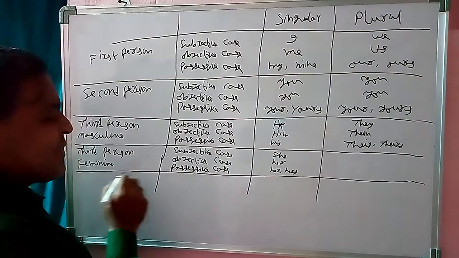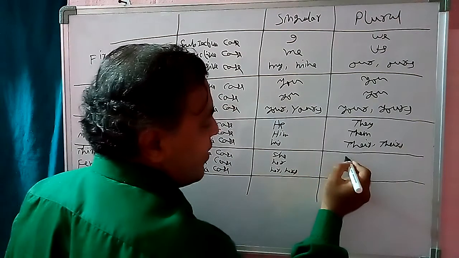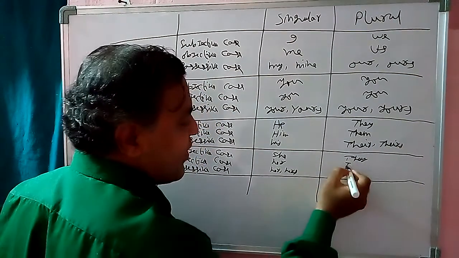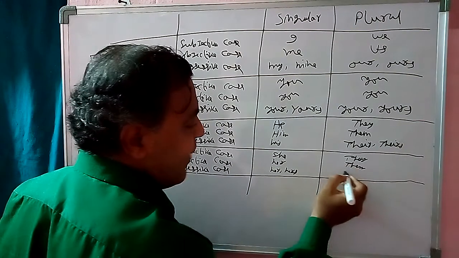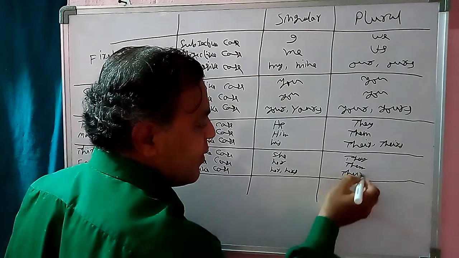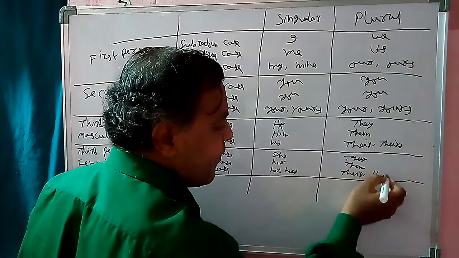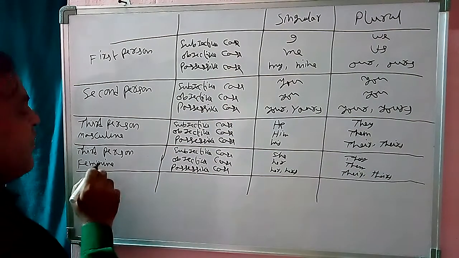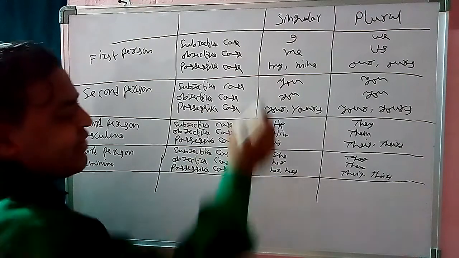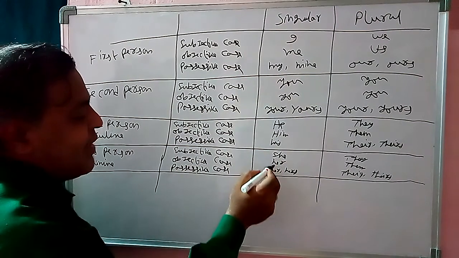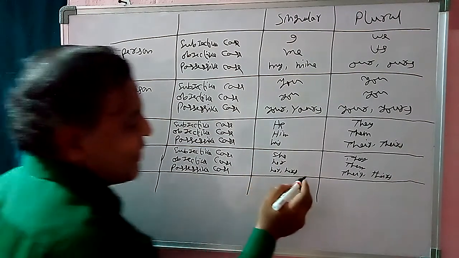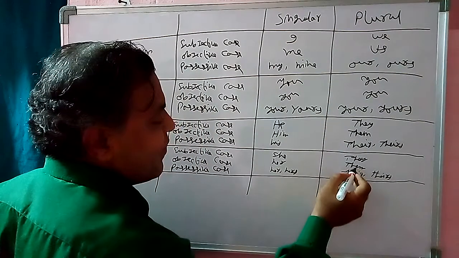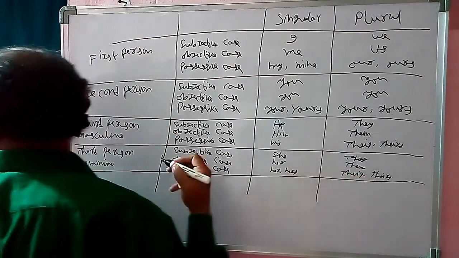And third person feminine plural: subject case they, object case them, possessive case their, theirs. Third person feminine, singular: she, her, her, hers. And plural: they, them, their, theirs.